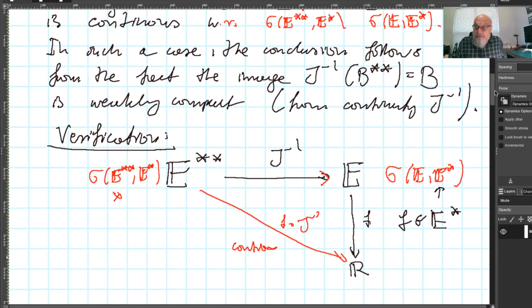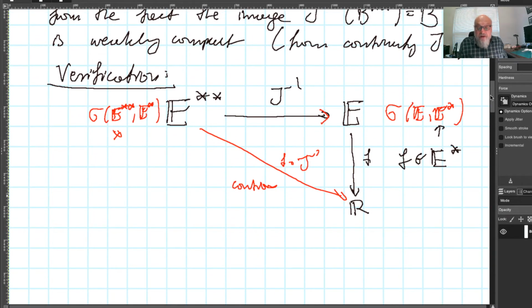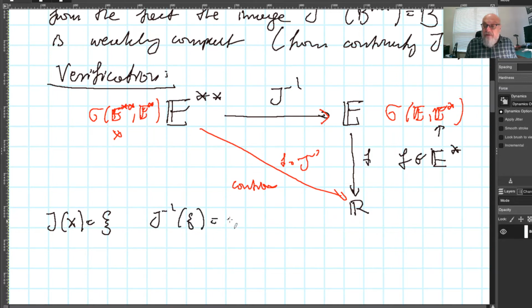Okay, so let's write it down. Suppose here that J of x is equal to psi, and then, of course, that means that J minus 1 of psi is equal to x, and then in such a case, what do I need to show?